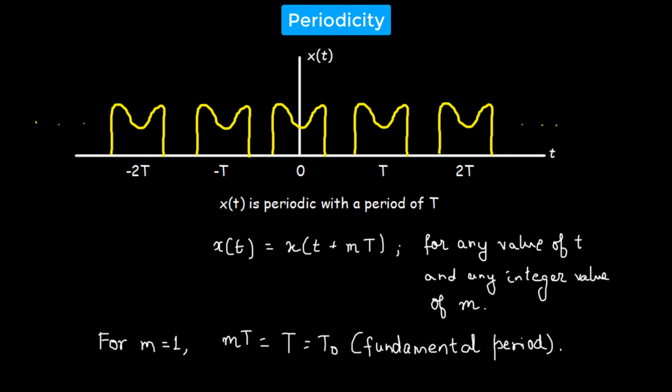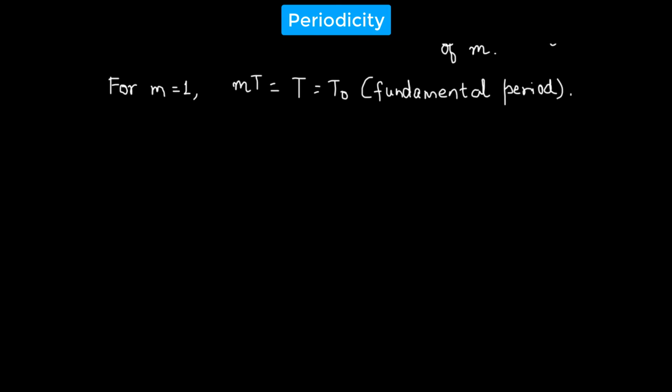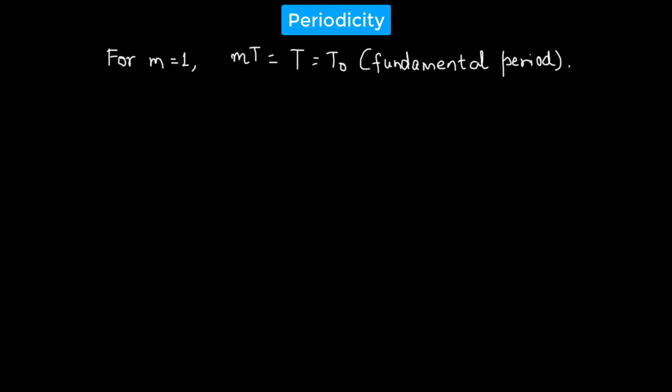So let's talk about some more things about the periodicity of a signal. This definition of the fundamental period is not going to work if our x of t is a constant value. Suppose our continuous time signal is a constant value, let's say its value is 1 for all t.